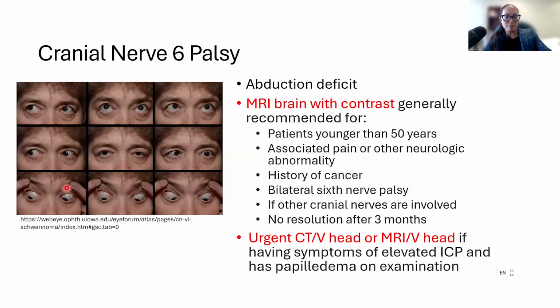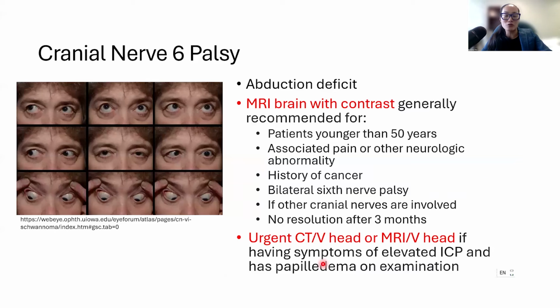If they have papilledema on examination, or they're complaining of symptoms of elevated intracranial pressure, so things like headache, nausea and vomiting, pulsatile tinnitus, transient visual obscurations, diplopia from their cranial nerve 6 palsy, all those together indicate maybe they have high pressure in the brain and you should get an urgent CT venogram or MR venogram, depending on what you have available to you.